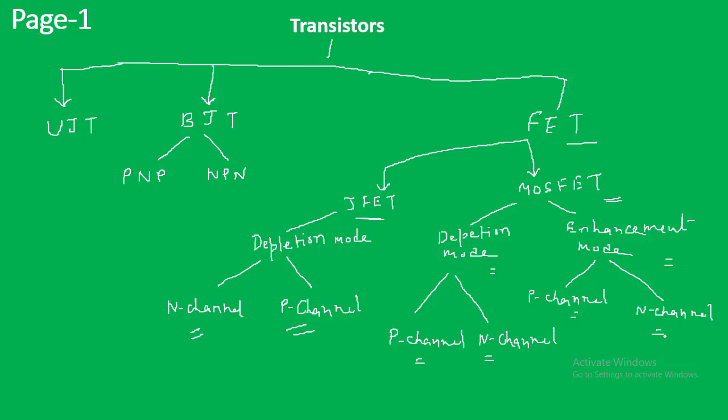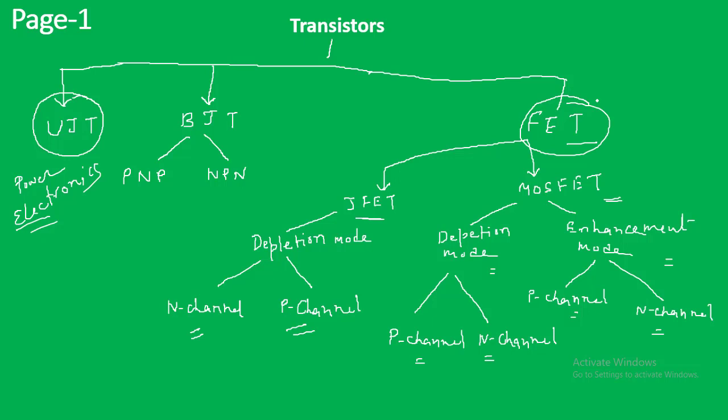However, the discussion of UJT is part of power electronics, or we can say advanced electronics. FET is part of the discussion at intermediate level, analog electronics or electronic circuit 1.